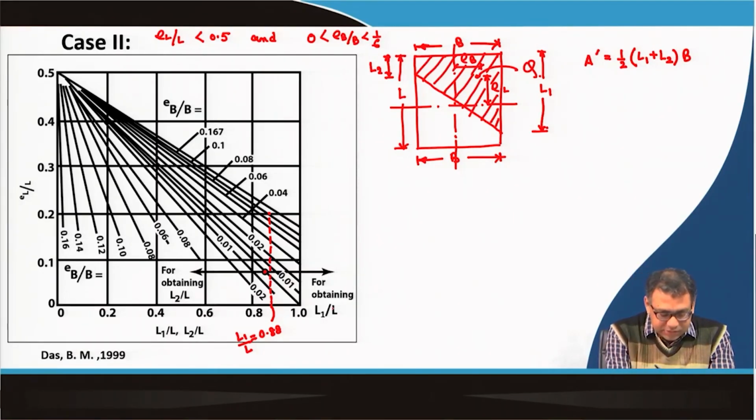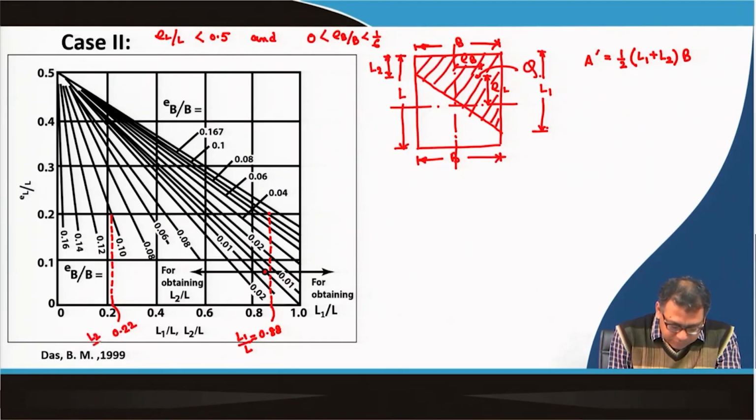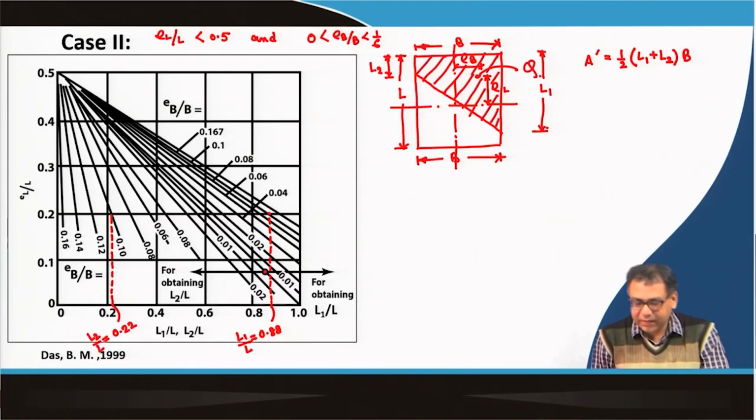This is 0.1, this is 0.2, so this value is 0.22. That gives me L 2 by L. This way I will get L 1 by L and L 2 by L.